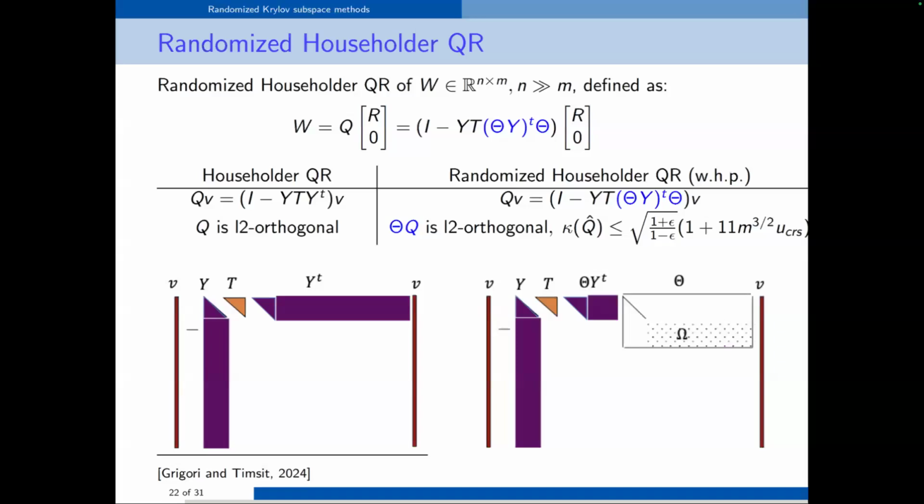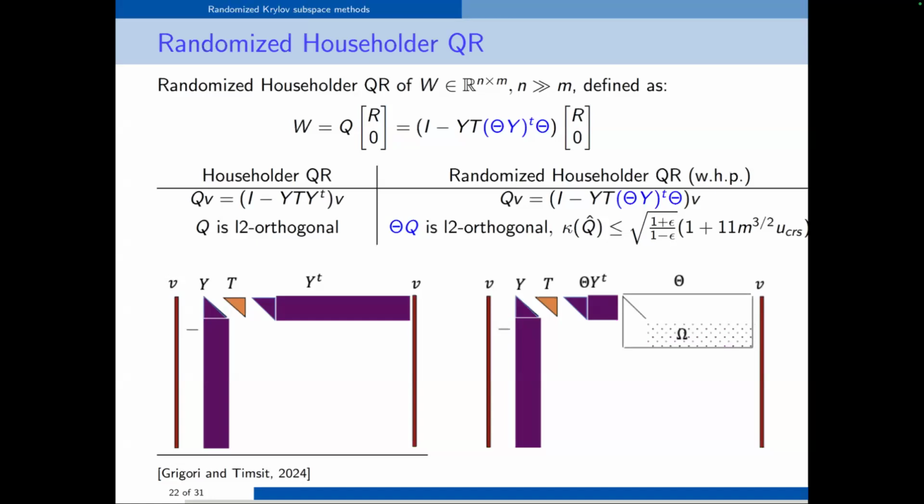I will also show you a bit of randomized Householder QR. In numerical linear algebra, if we really want to be precise, then we use Householder QR, because in this case we can compute a basis which doesn't depend on the condition number of W. And this can be transferred into a randomized version.